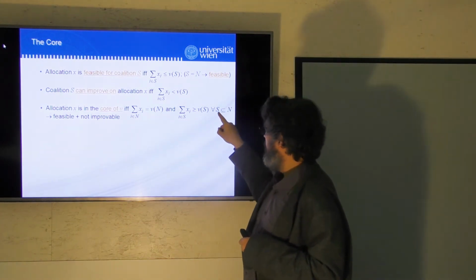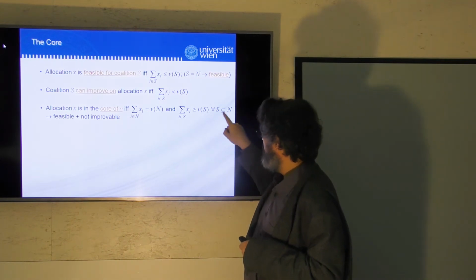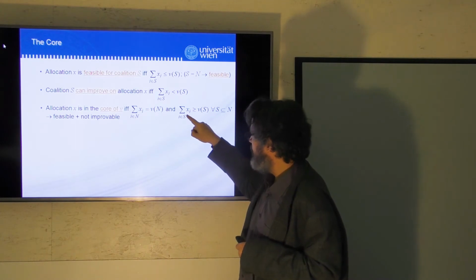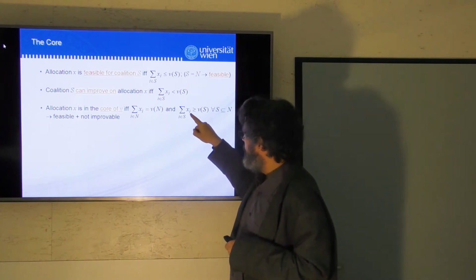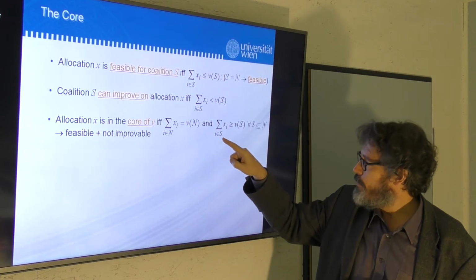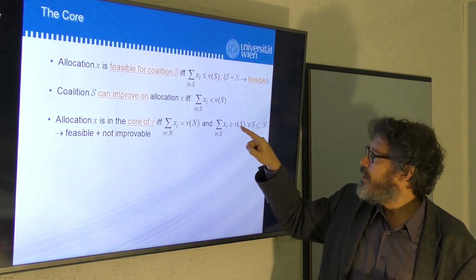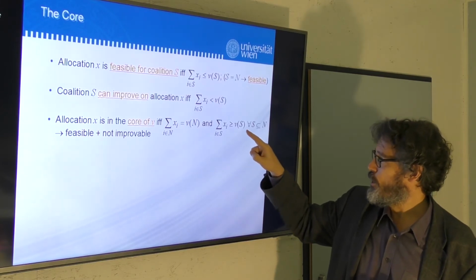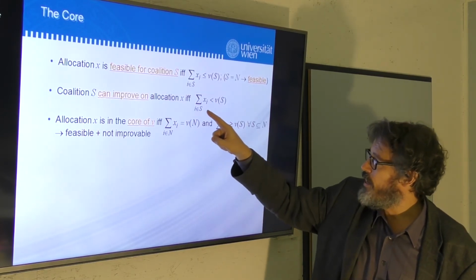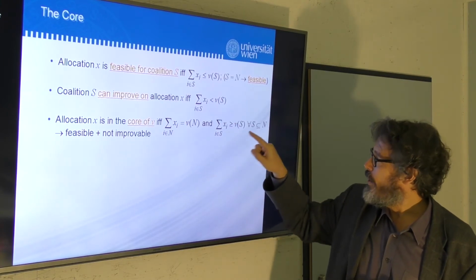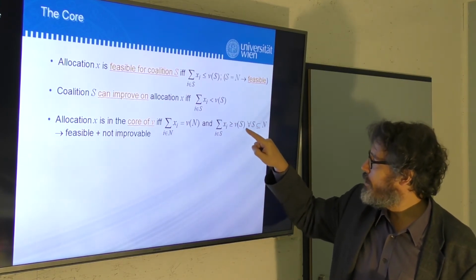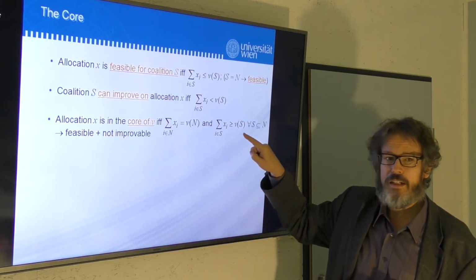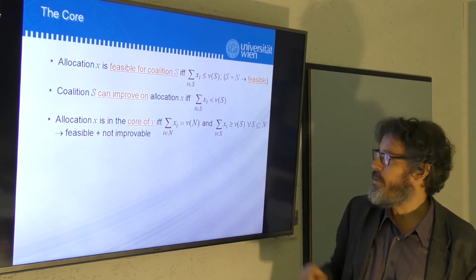And for all coalitions, the sum of the allocation components for the members of this coalition is larger or equal to the characteristic function of the coalition, which means we do not have this case here. For any coalition, we distribute at least the characteristic function of this coalition to its members.